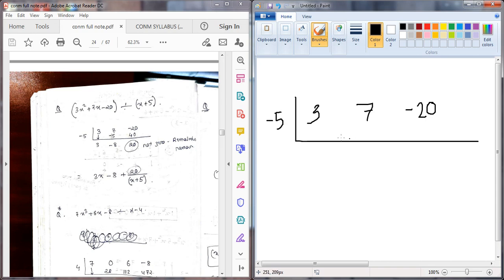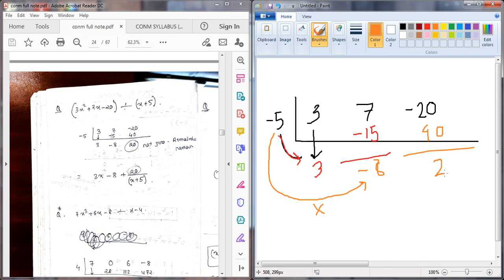The 3 comes as it is. -5 into 3 is -15. Plus 7 minus 15 is -8. -5 into -8 is 40. So I have 20 as remainder.